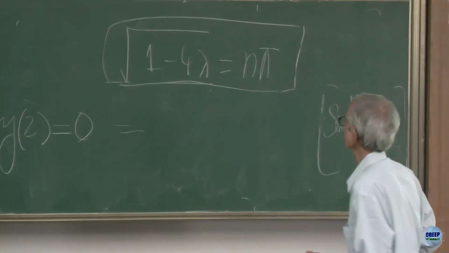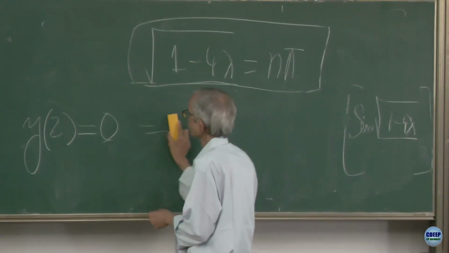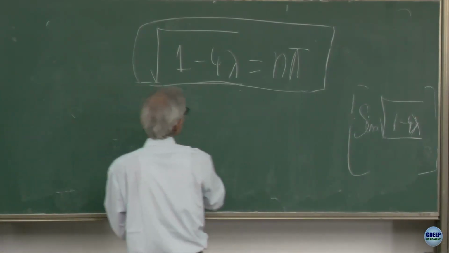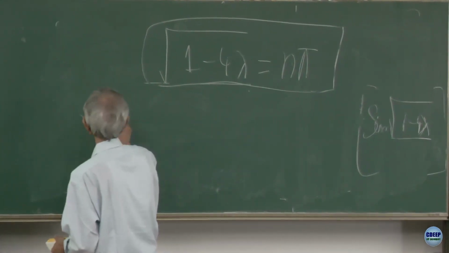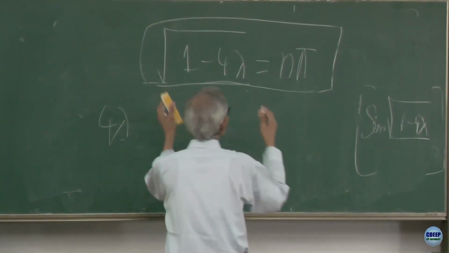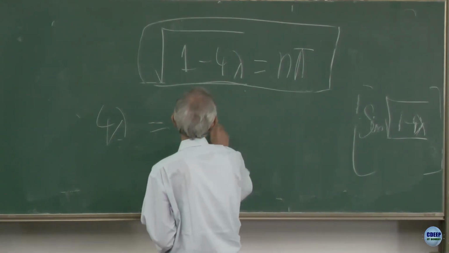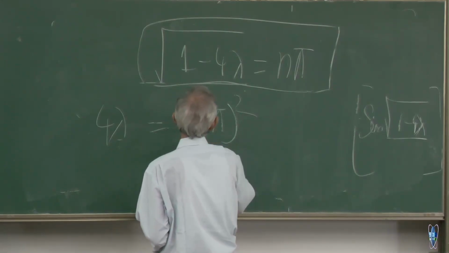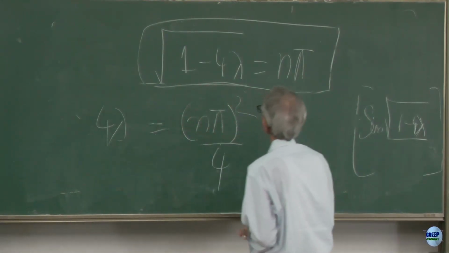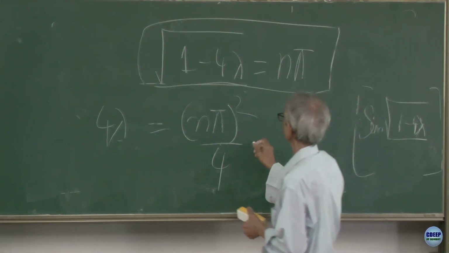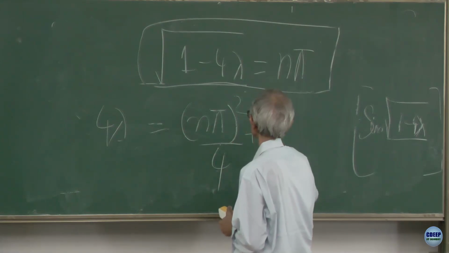Okay, so this is going to give me what my lambdas are, right? So my lambda is going to be equal to whatever. I'll square these two, and then I'm going to get n pi square by 4, plus 1 by 4.